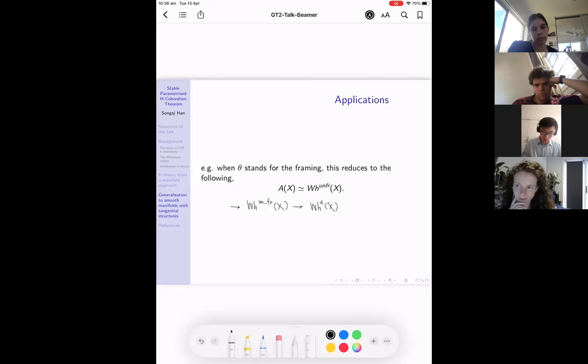We know that this is a homology theory, so it splits, which provides a way of understanding the splitting of A into the smooth Whitehead space and the stable homotopy theory, which is a result by Waldhausen. We just identify it by forgetting the framing.